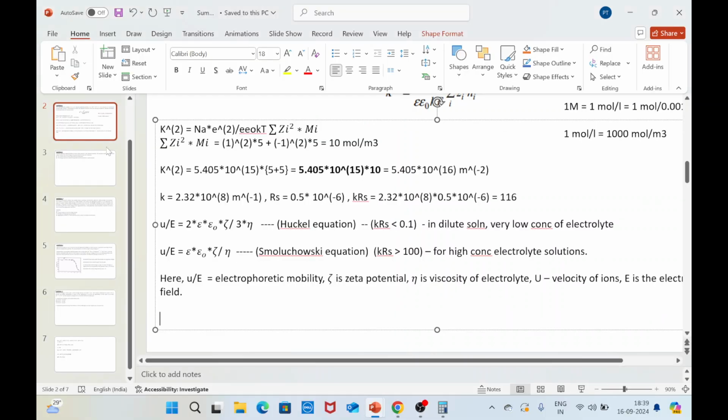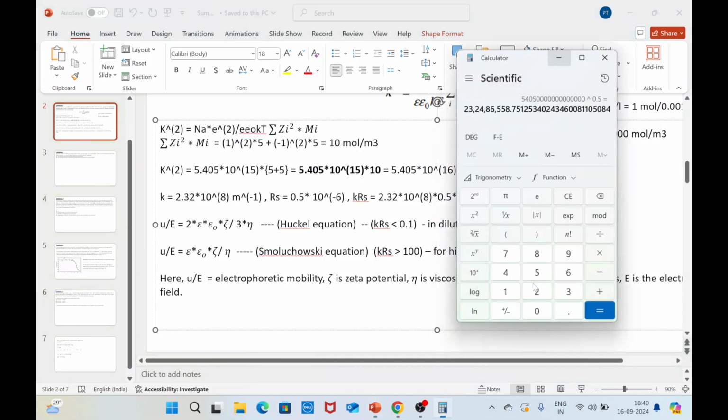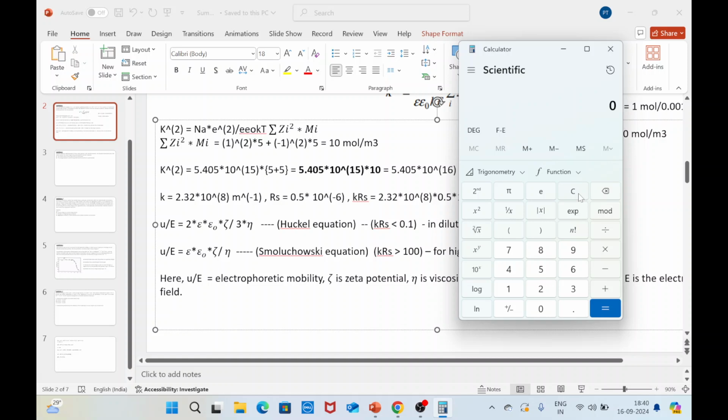0.057. Okay, let's check. Let's calculate and see what the value is going to be.